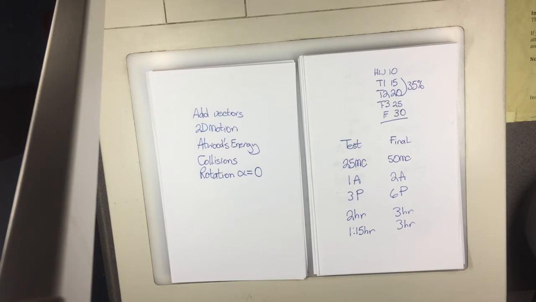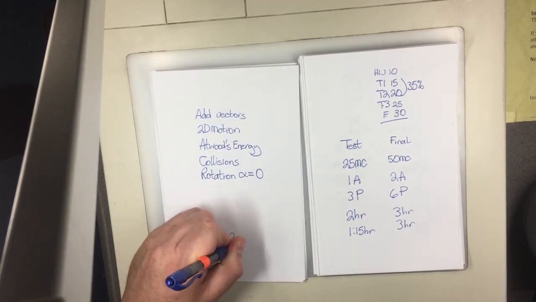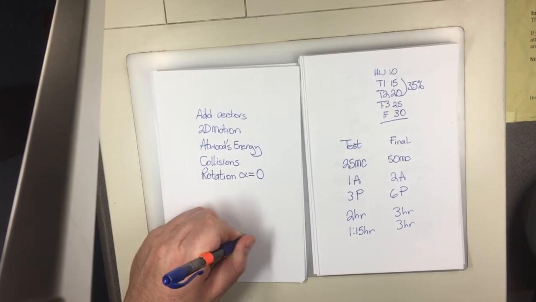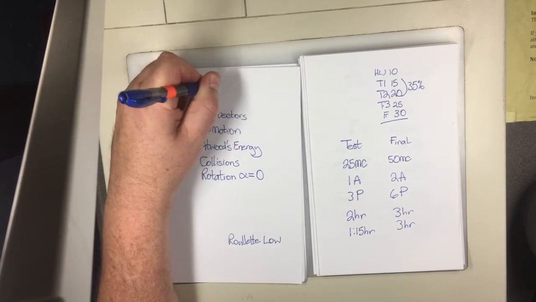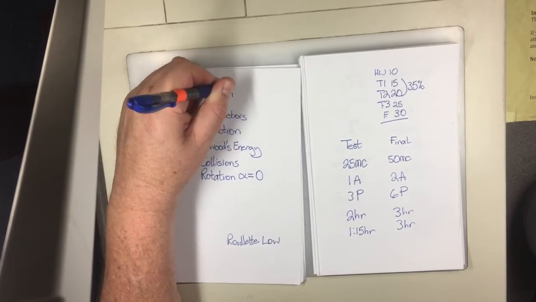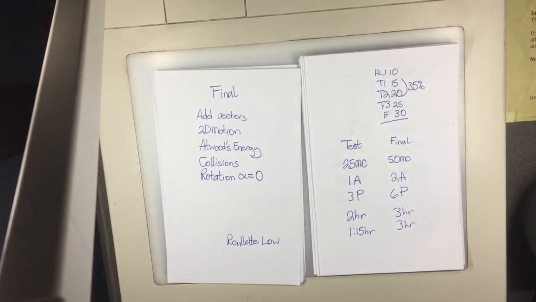There's all sorts of fluids problems I can ask. I would put the roulette wheel style Doppler shifts as low for the final, because we'll do this on the test.